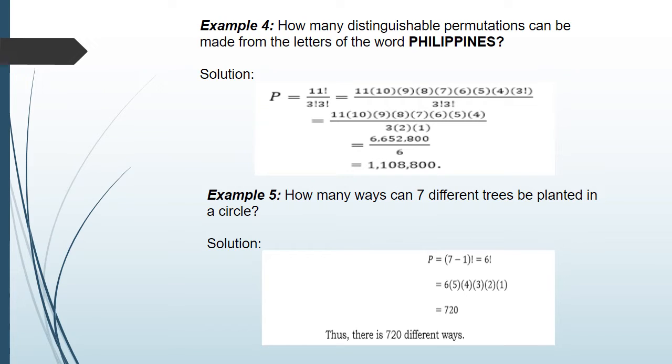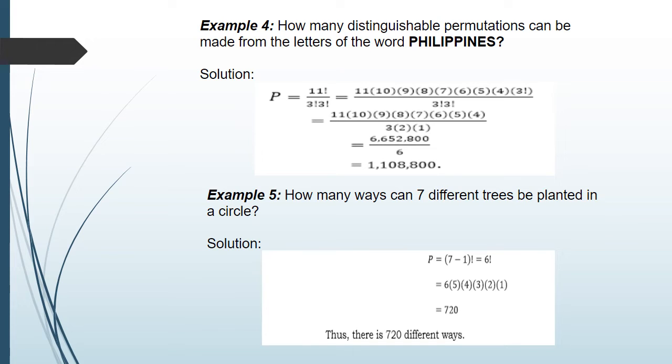P is equal to 11 factorial over 3 factorial times 3 factorial is equal to 11 times 10 times 9 times 8 times 7 times 6 times 5 times 4 times 3 factorial over 3 factorial times 3 factorial is equal to 11 times 10 times 9 times 8 times 7 times 6 times 5 times 4 over 3 times 2 times 1 is equal to 6,652,800 over 6 is equal to 1,108,800.